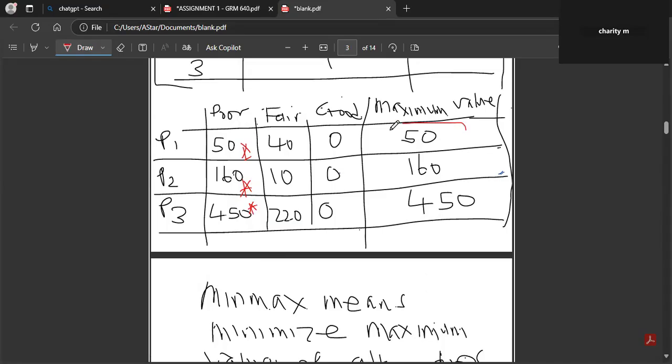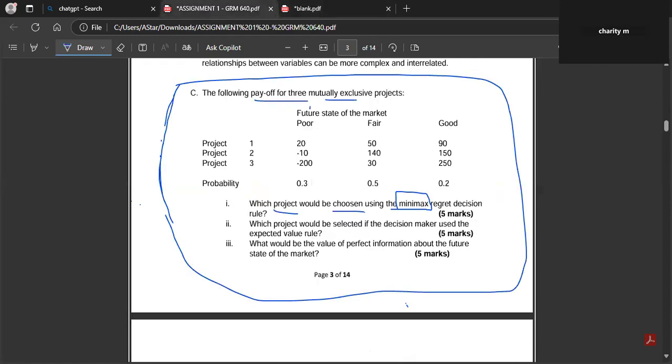So the minimum of these maximum values is the minimax. Minimize the maximum value of alternatives. So you have gotten the value of 50, the minimum of these maximum values. That's a minimax. All right.